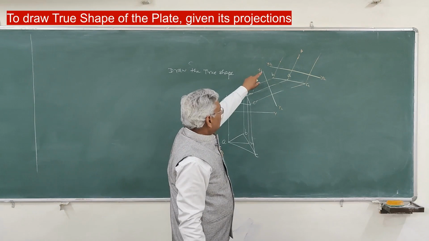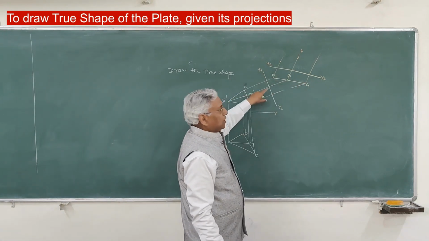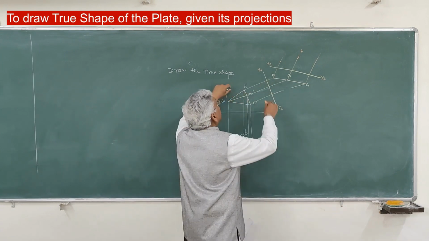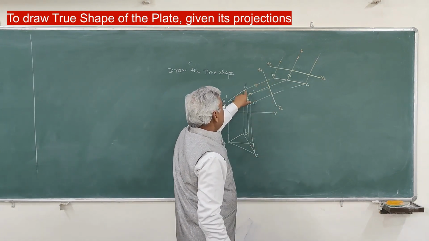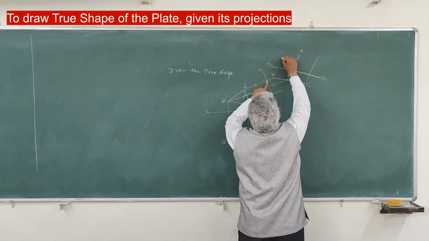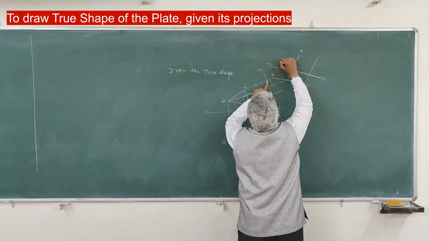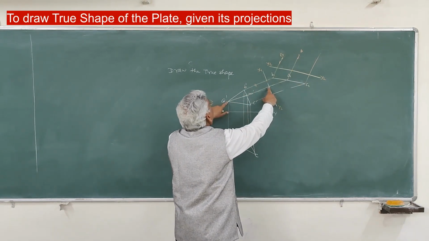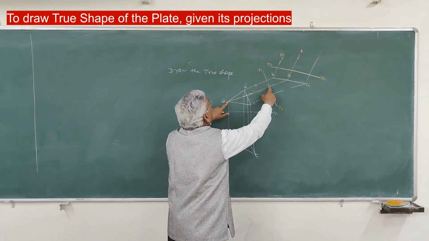So the new ground line is X2, Y2, and the old ground line is X1, Y1. So take the distance of B, B1 to this ground line. This distance is for B. This is point B. This distance for A, from A dash to the ground line.